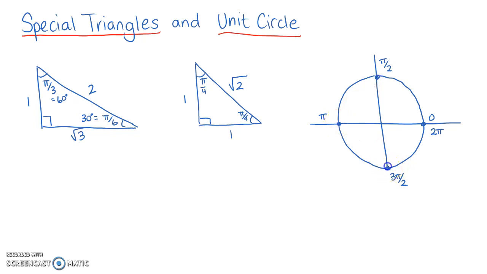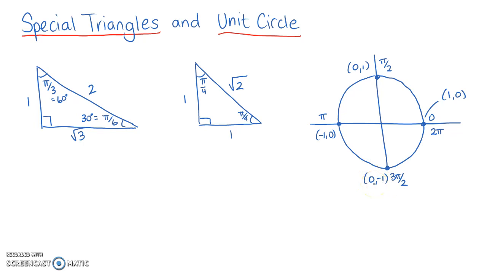These coordinate points help us identify sine, cosine, and tangent values. Because it's a unit circle, the radius is 1, so this point here is 1, 0. This point here is 0, 1. This one here, we have -1, 0, and down here, this coordinate point is 0, -1.